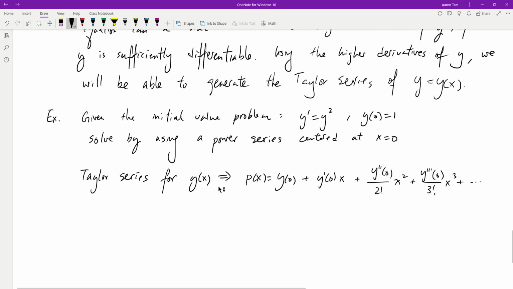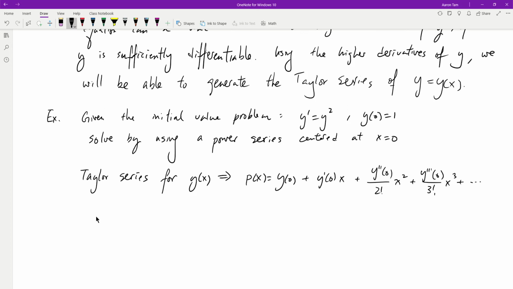Now how do we actually generate this Taylor series? Actually pretty simple. All I need is y of 0, which we know. I need y prime at 0, y double prime at 0, y triple prime at 0, and so on and so forth. The way it works is very similar to Theorem 13.2.5, where we used it to generate higher powers of a square matrix. So let me show you how that works.